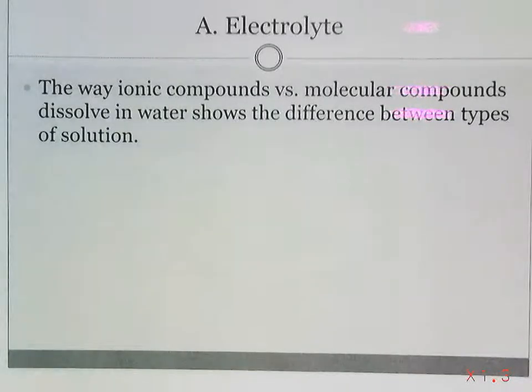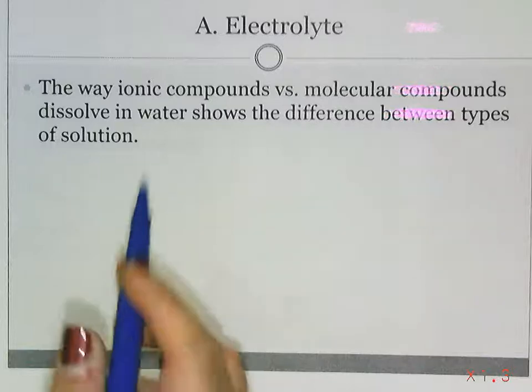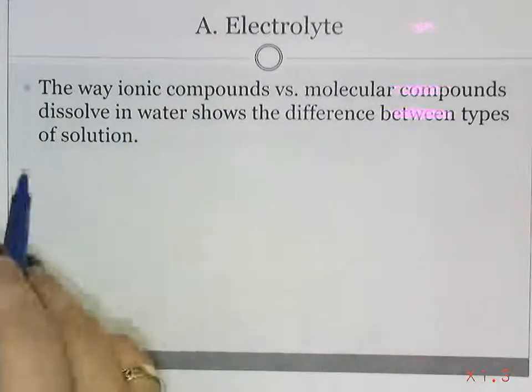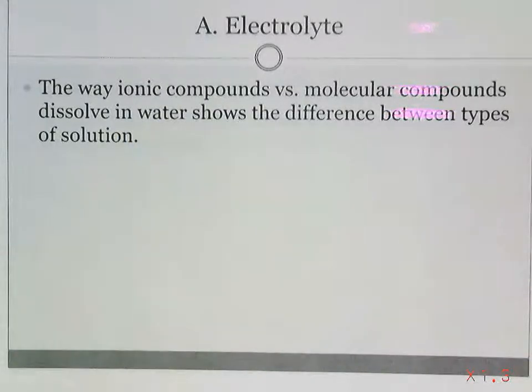The first is to talk about what compounds do dissolve and what they have in common. And remember, this whole chapter is in water. It's all aqueous solutions, so this only applies to things dissolving in water. The way ionic compounds versus molecular compounds dissolve in water shows the differences between the types of solutions we can make.